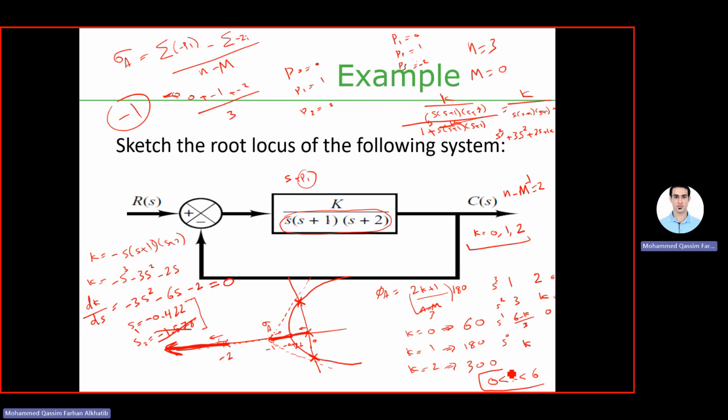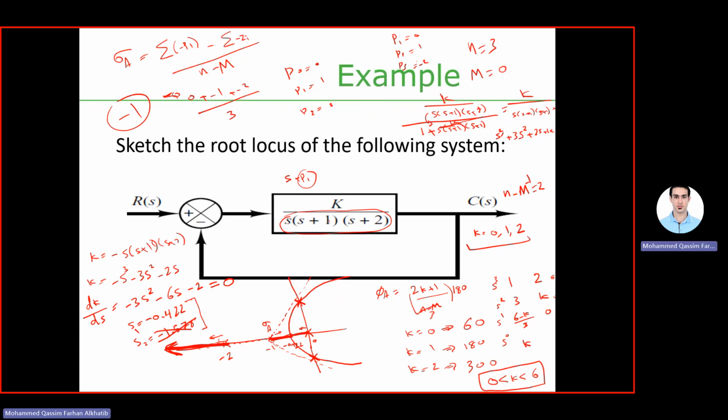All right, so why do I do this? Because I want to find the intersection with the y-axis. Now, what is the meaning of 0 less than K and K less than 6? I want to make the system marginally stable, because that's when the intersection with the y-axis happens.